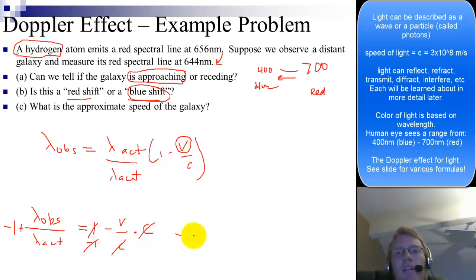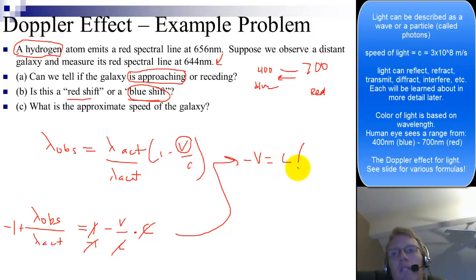Cancel, cancel. And finally, I get negative velocity equals c times negative 1 plus lambda observed over lambda actual. Sorry, I'm running out of space. And then if I just multiply this side by negative and negative, it solves it for me.